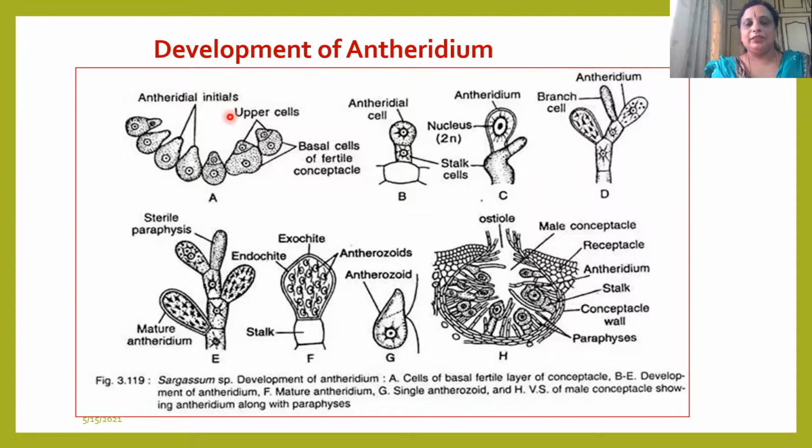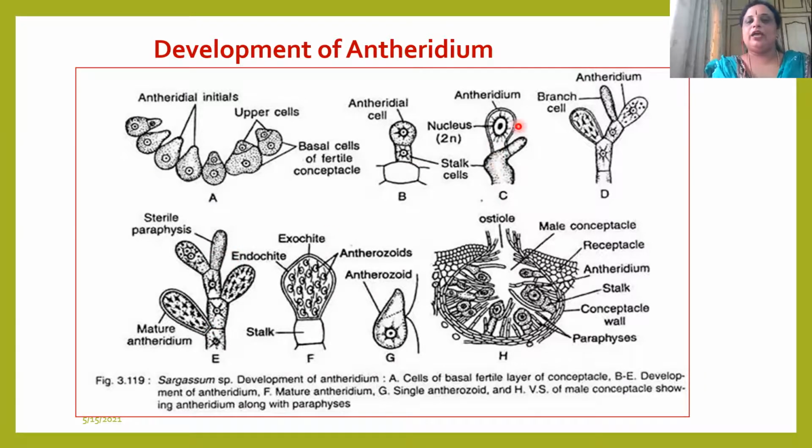These undergo one transverse division to form an upper cell and a basal cell. The upper cell develops into the antheridial cell. The lower cell develops into the stalk cell. This stalk cell can again divide and produce one more antheridium, or if it is not producing an antheridium, those cells are called sterile cells, which develop into a structure called sterile paraphysis.